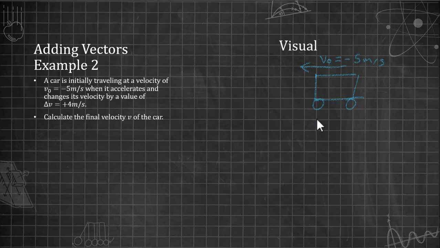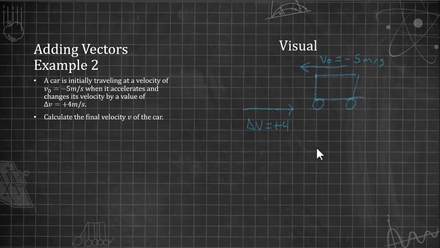We know that it's going to change between the initial and final state. It's going to have a change in velocity of positive 4. And so we know the positive 4 is going to be directed this way, and this is the change vector.